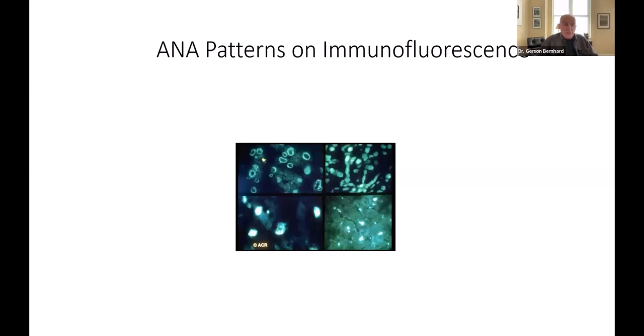These are not specific, and they contain a variety of autoantibodies. They may be positive in LE, but also in a lot of those other rheumatic diseases that I described, and even in some of the non-rheumatic diseases. So patterns themselves are sometimes useful, particularly if we can see this rim pattern.